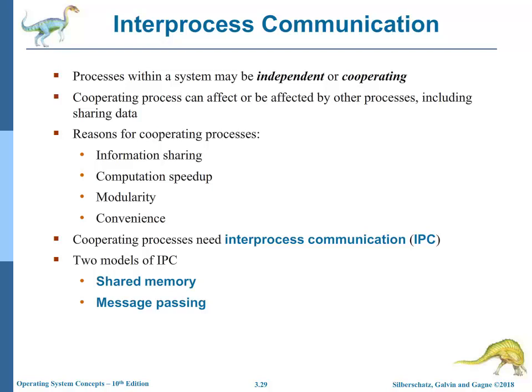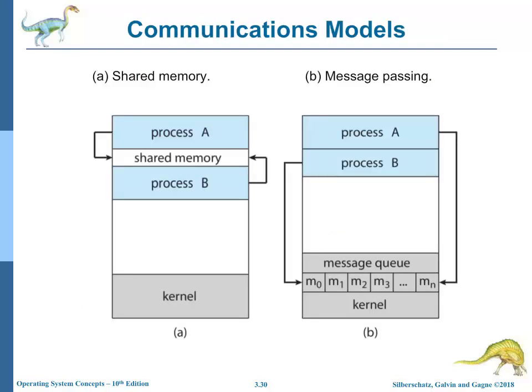Cooperating processes require an inter-process communication mechanism, IPC, that will allow them to exchange data, that is, send and receive data from each other. There are two fundamental models of inter-process communication: shared memory and message passing. In the shared memory model, a region of memory that is shared by the cooperating processes is established.